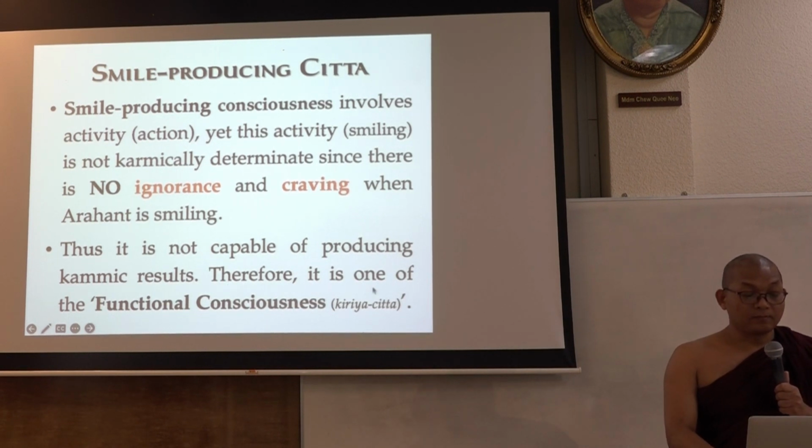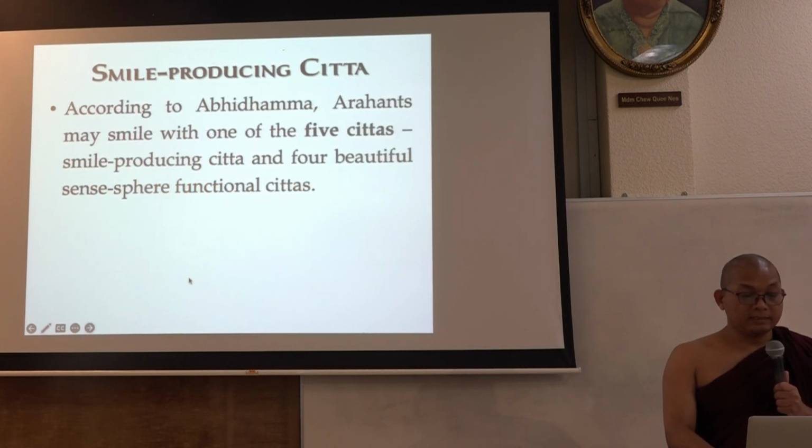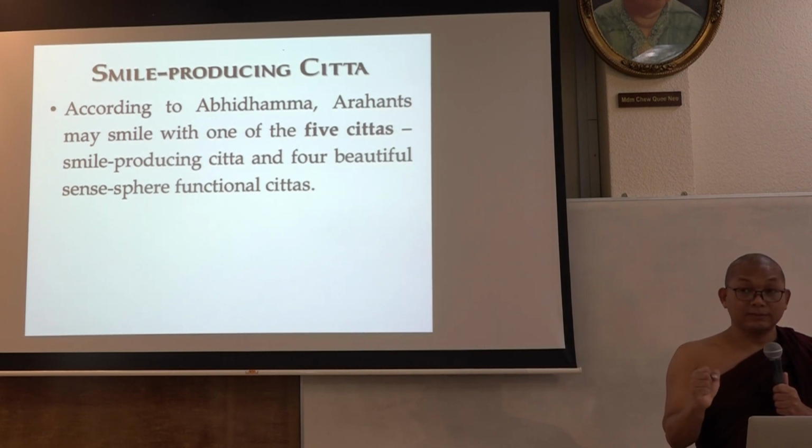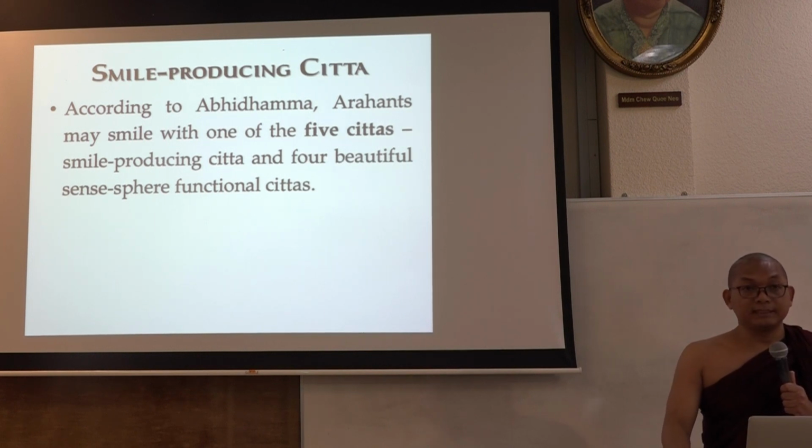Therefore it is one of the functional consciousness, or kriya citta. According to Abhidhamma, arahants may smile with one of 5 cittas. Number 1, smile producing. Another 4, we call the 4 beautiful sense sphere functional consciousness. Arahants also smile by using these other 4 consciousness, right?